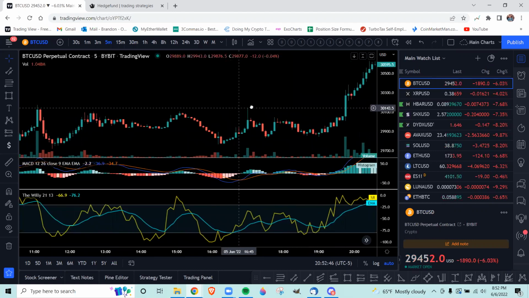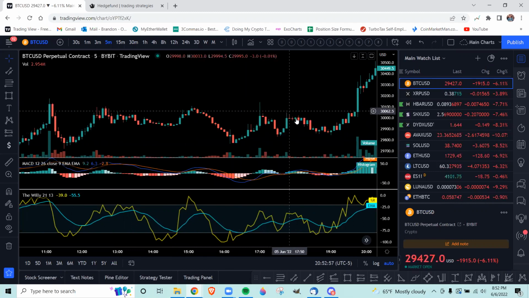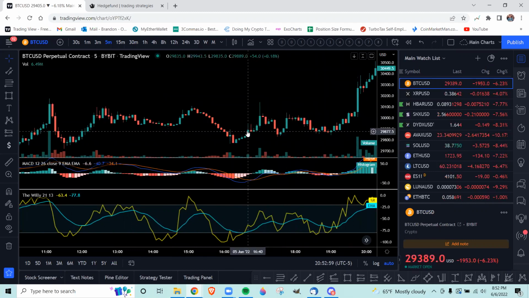So let's go with one more example here. We're going to be looking for a long, right? Because this is an uptrend, right? Higher high, higher low. So that's a higher high up here. And so you can see that everything comes together, right? So you have the cross up, the yellow line above the blue line.